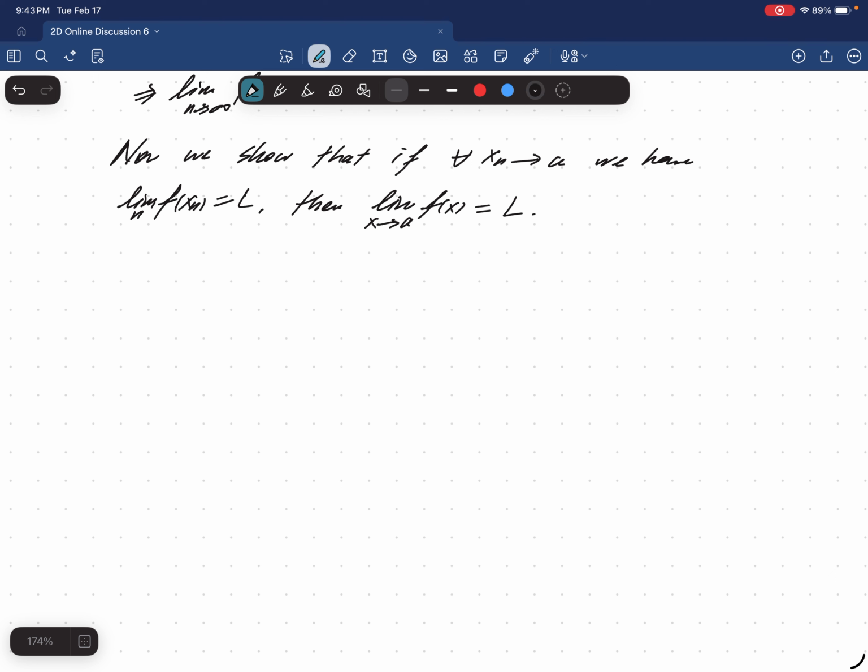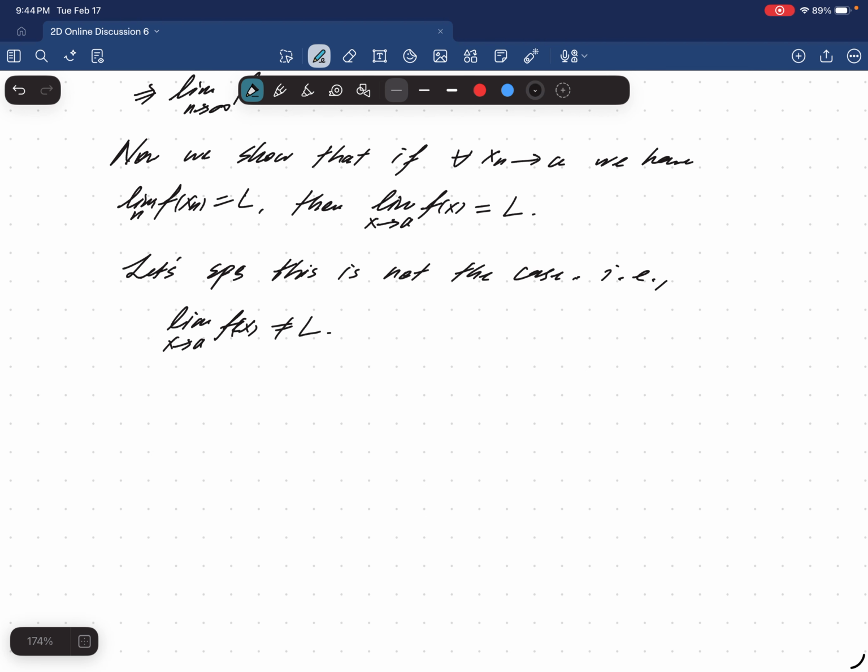So let's suppose that this is not the case, that is, that the limit of x goes to A of f of x is not equal to L.